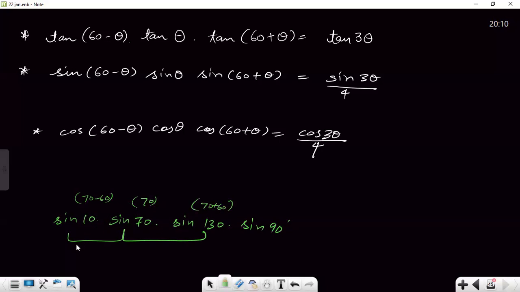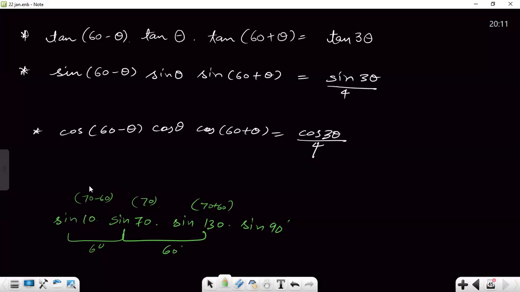Because we got to know that there is an angle difference of 60 degrees here, let's consider this as theta, with theta minus 60 and theta plus 60.